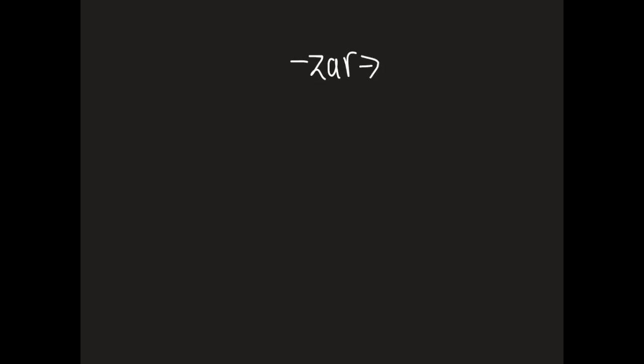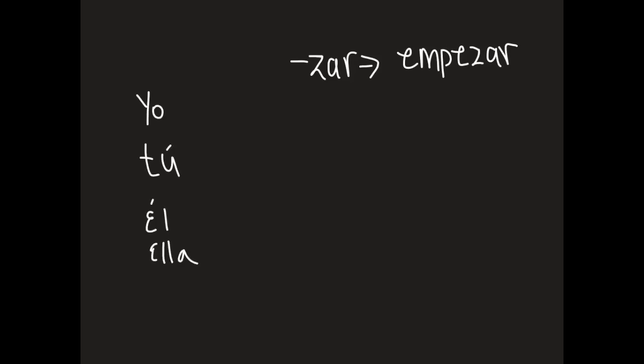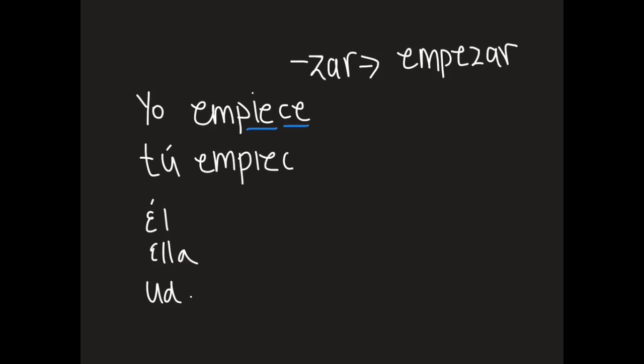Going back to the conjugation pattern, let's take a look at the verbs that end in zar, such as empezar. So again, the first step is in the present indicative, yo empiezo. And then we change the ending, but there's a spelling change. And the zeta becomes c. So it would be yo empiece, tú empieces, él, ella, usted empiece.